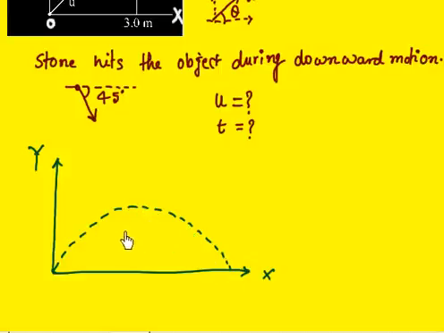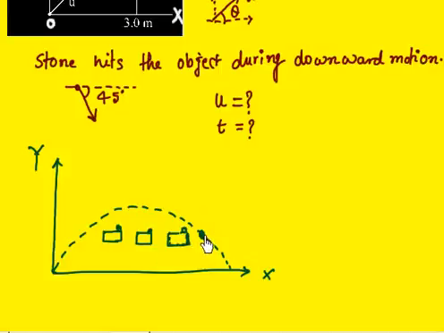Initially the plank is somewhere here, and this object A is here somewhere. After some time it is here because it is moving. So easy one. And after some time it will reach up to this point. So this is the point where the hitting occurs.